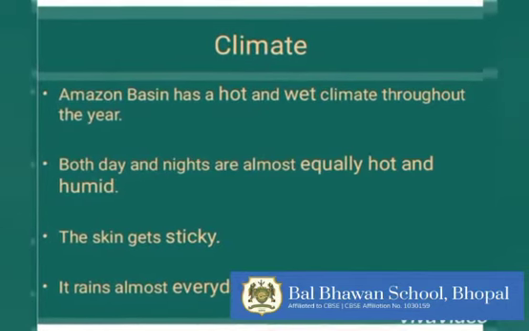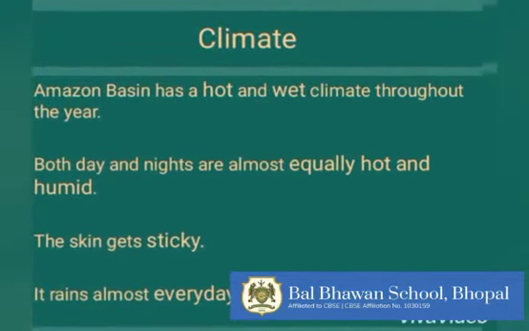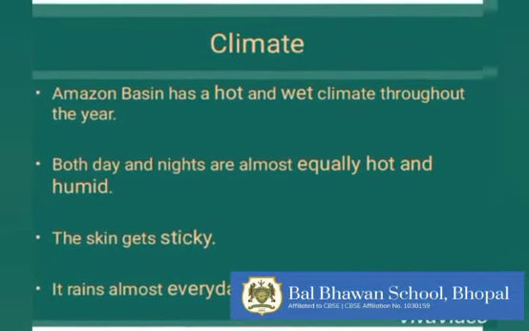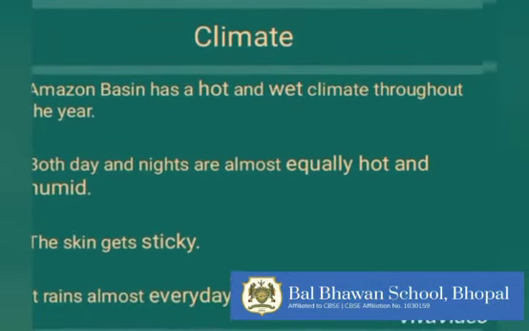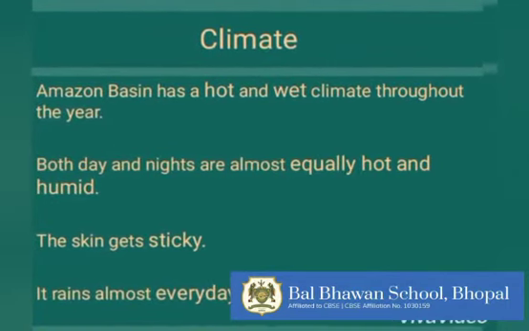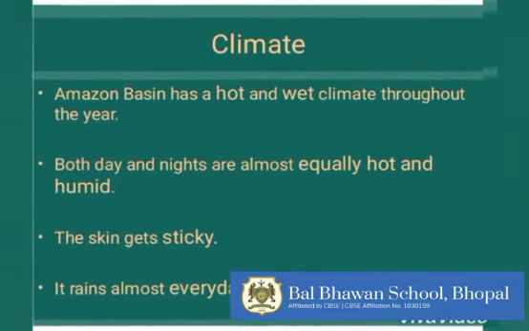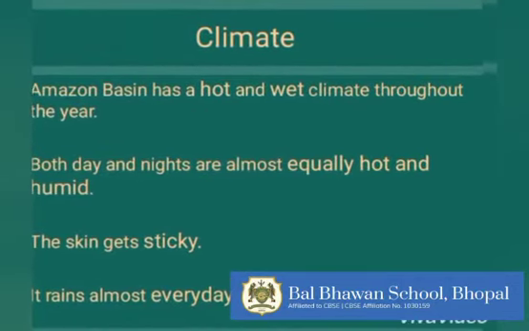As a result, the climate remains hot and the length of the days and nights remains almost equal all through the year. As temperatures remain high throughout the year, there is no clear demarcation between summer and winter seasons. The region also experiences high humidity as the rate of evaporation is quite high due to the high temperatures.